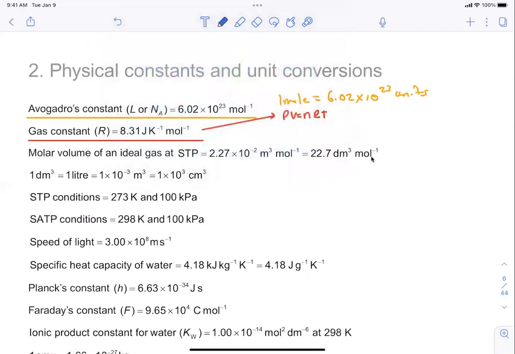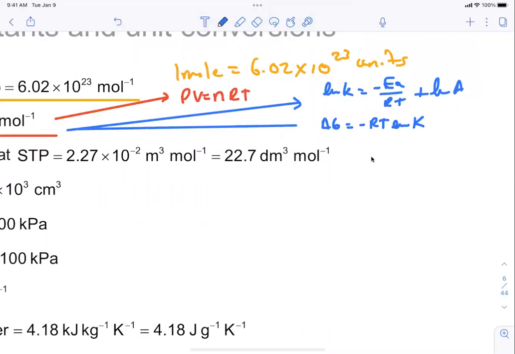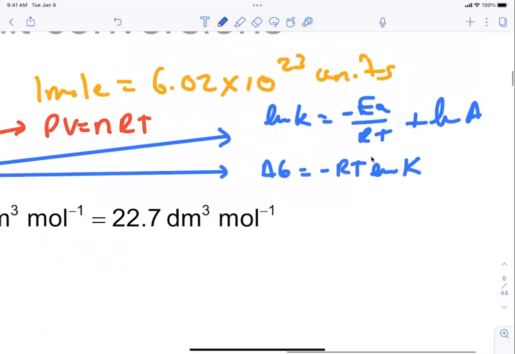For higher level, you have to use it in natural log of k is equal to negative EA over RT plus natural log of A. But you also have to know delta G is equal to negative RT ln of K. So there's some additional times where you would need to use the R value that is not SL.